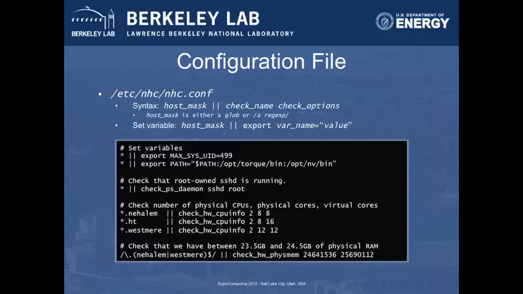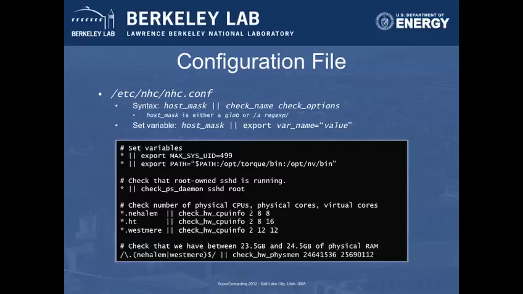Max sys UID I'll talk about a little bit later. This is a fairly obvious one. If I have utilities for Torque that I want to add to the path, or the HealthMon script, if it's not in my path, I can change the path in that way. And then I have some basic checks. This one makes sure that there's a root-owned SSHD that's running.